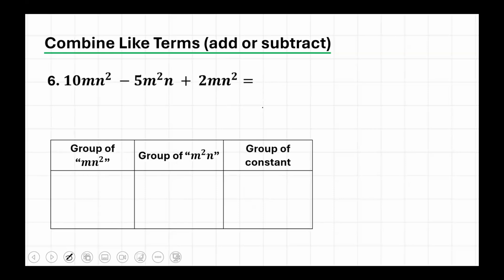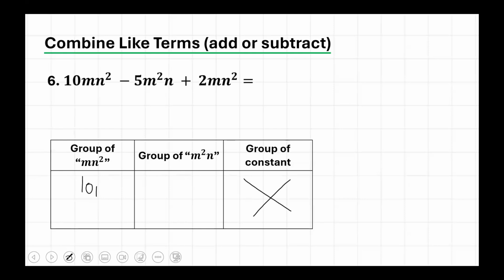And here we have number 6. Although the m and n are still the same, they are not in the same group because, again, we need to be careful with our exponent. Here we have two groups, the group of mn squared and the group of m squared n. Since we don't have any constant here, we will not write anything on that box. Let's start with the mn squared.